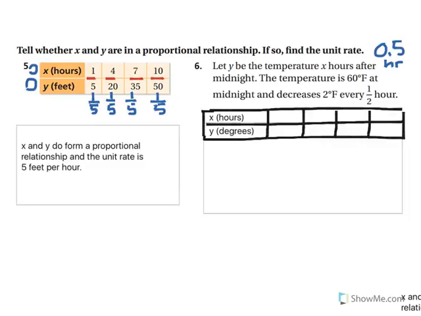So I could jump right ahead and say at 0 hours, what is the temperature? After 0 hours has passed, what's the temperature? Well, we know we start at 60, so it's 60 degrees. After 0.5 hours, the temperature decreases 2 degrees, so it's now 58.